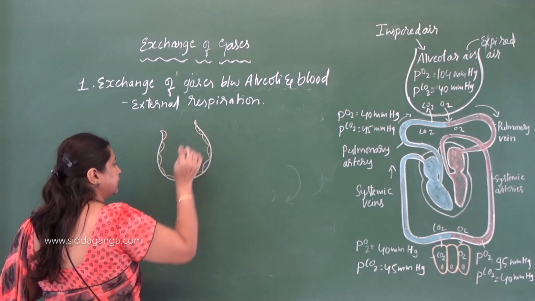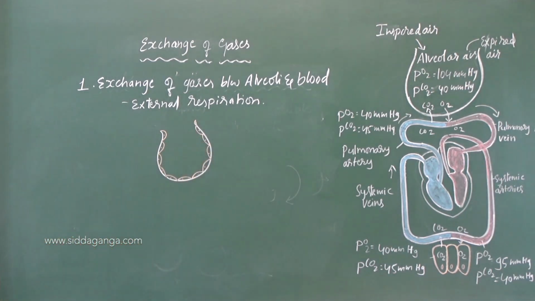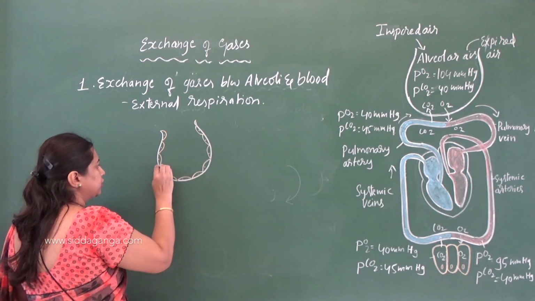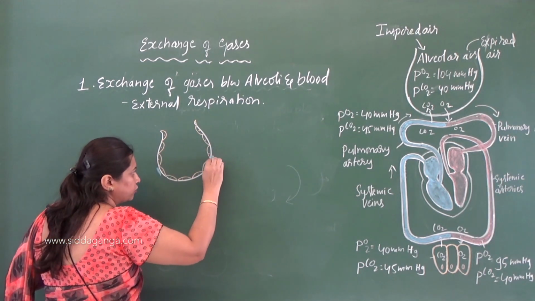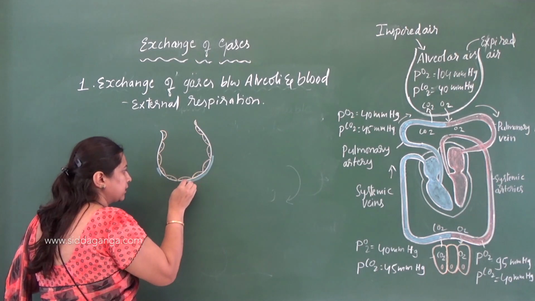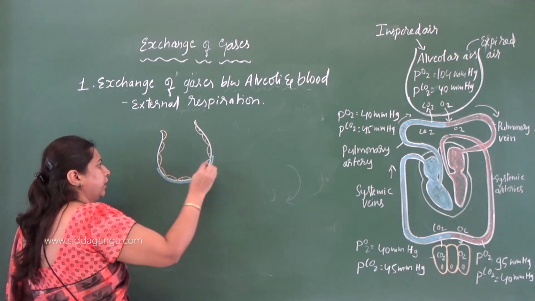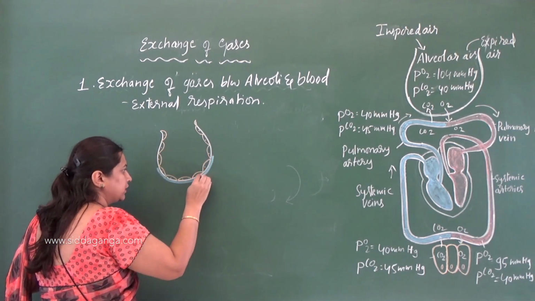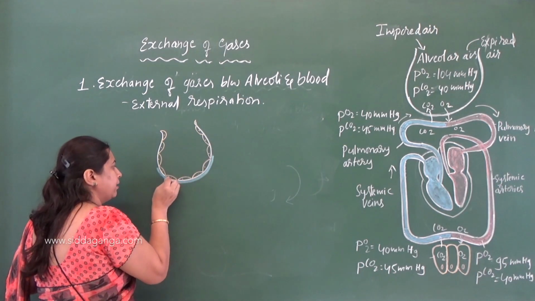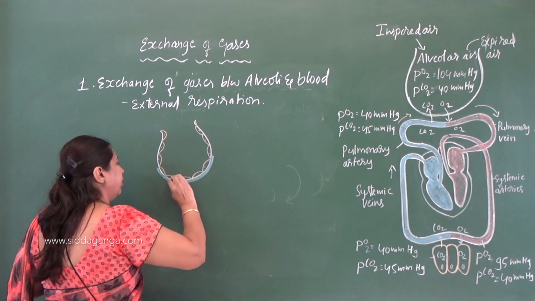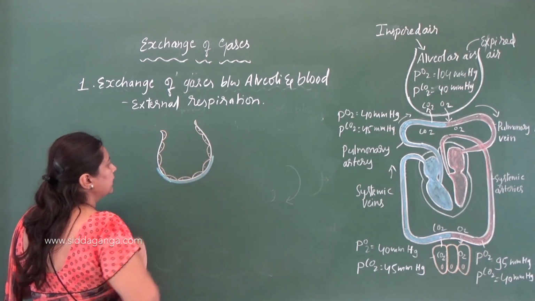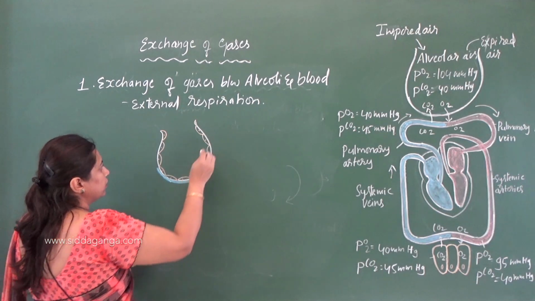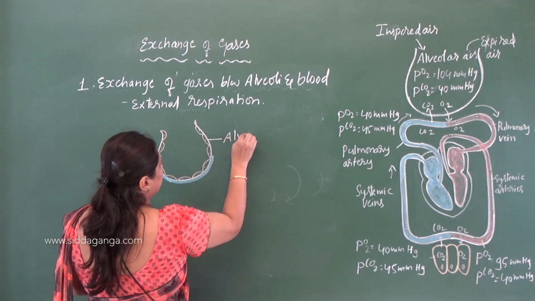These cells rest on the basement membrane. The cells of the epithelial tissue always rest on the basement membrane. The presence of basement membrane is a characteristic feature of the epithelial tissue. So this is the basement membrane of the alveolar epithelium that surrounds the squamous epithelial cells.